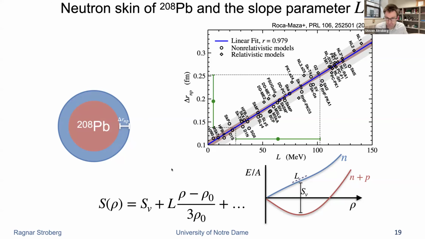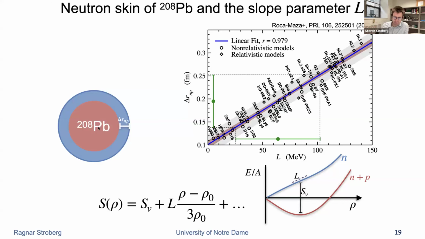And basically, you can actually understand physically that those two quantities should be related, because out here in the skin, it's pure neutron matter. In here in the interior, there's protons and neutrons, so it's kind of like symmetric nuclear matter.